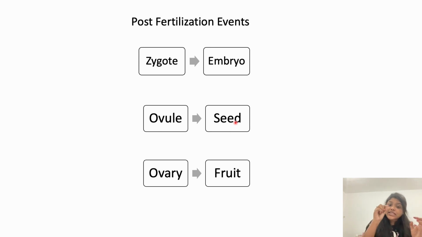Inside that hardened seed there is the embryo, and the entire ovary is converted into the fruit. And what happens to the sepals and petals? They can either fall off, or they shrivel and shrink in size and become small. So this is the entire process of fertilization.